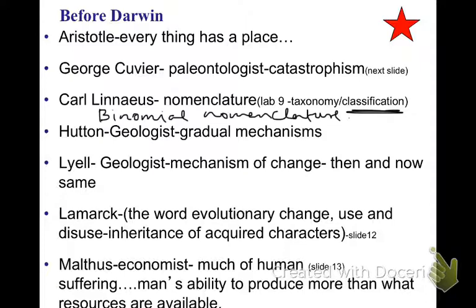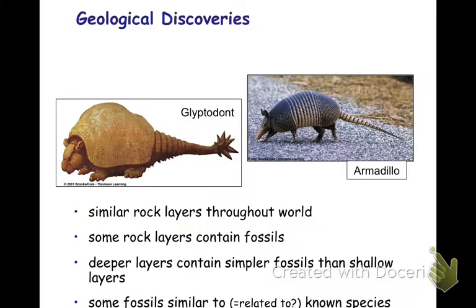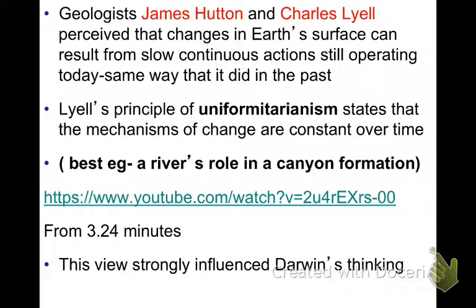Okay, then we talk about a geologist called Hutton. Just a second, let's go to that slide. So the geologists James Hutton and Charles Lyell perceived that changes on the Earth's surface can result from slow and continuous actions that are still operating the same way that they did in the past.